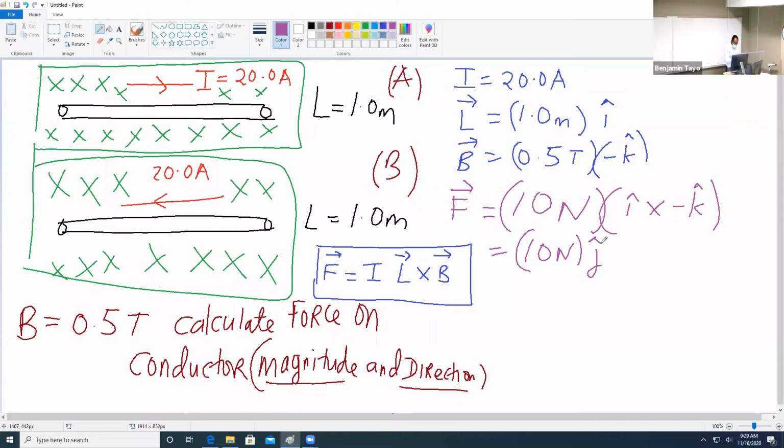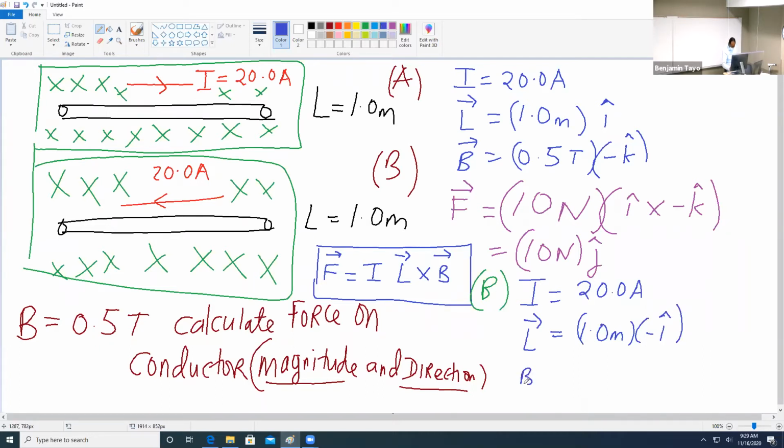Now, let's do part B. For part B, the current is the same. So remember that the current, I keep the magnitude. So again, this is still 20.0 amps. But then the length vector here, the magnitude is the same, so this would be in the negative I hat direction.